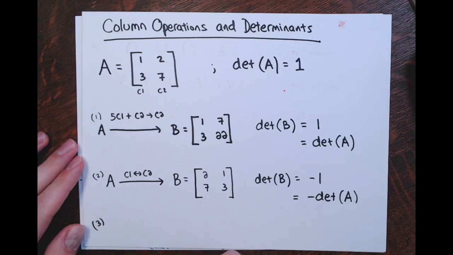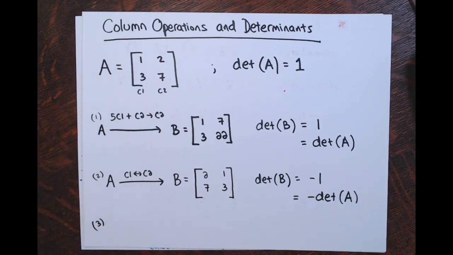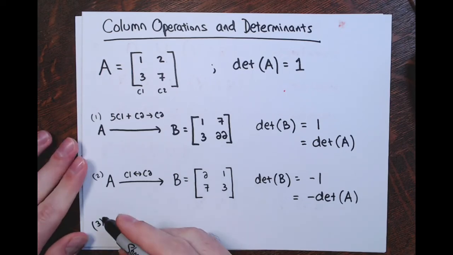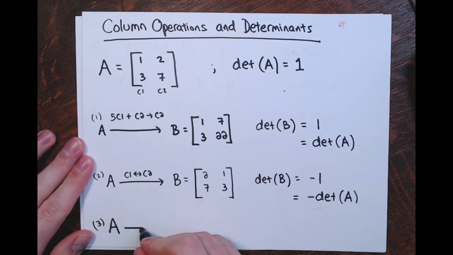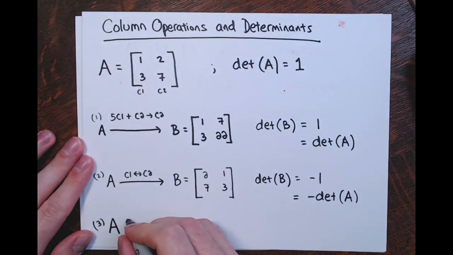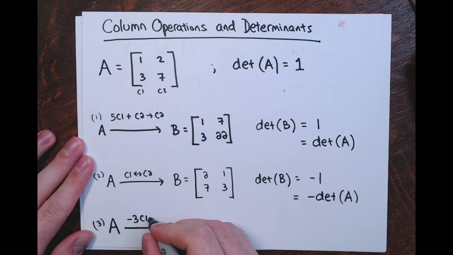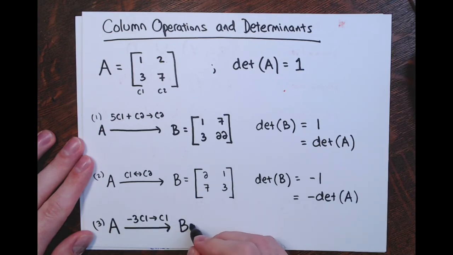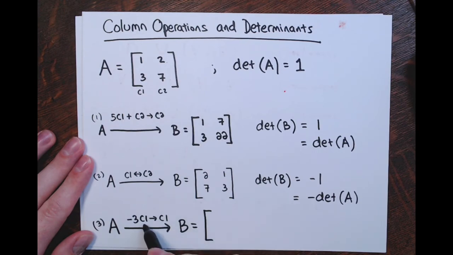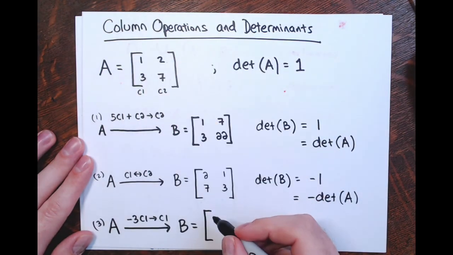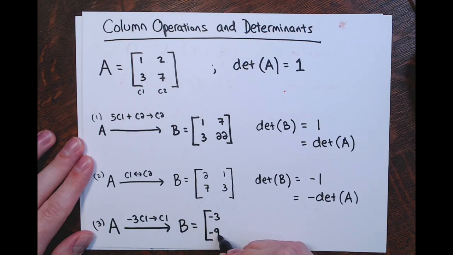And finally, the other operation was multiplying a single column by a scalar. So again, say I start with matrix A, and I'm going to perform the following operation. Let's say I multiply the first column by -3 to create a new column 1, and I'll create a new matrix. Now I'm just doing -3 times the first column entries. So that'd be -3 and -9. And then the second column did not change, so 2, 7.